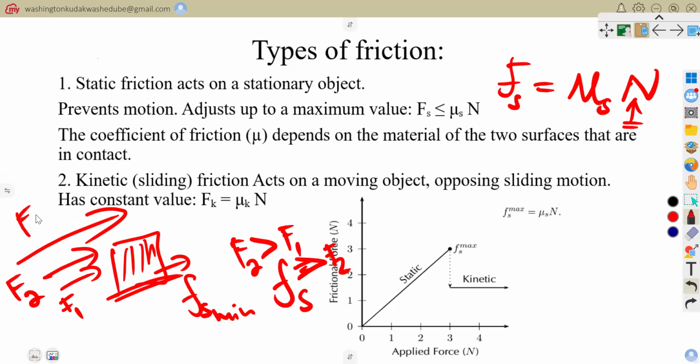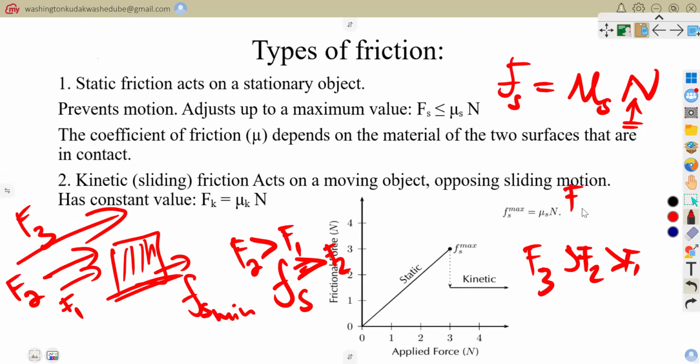When you now apply a force that is greater than F2 and F1, that's when you start seeing some movement, which means that we have actually reached our maximum static frictional force.